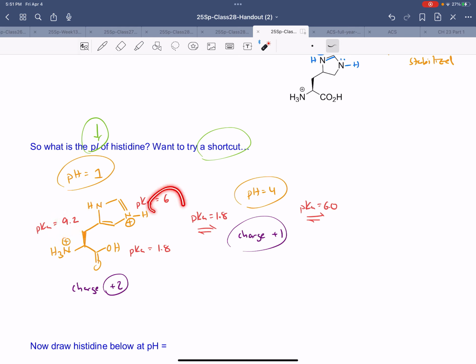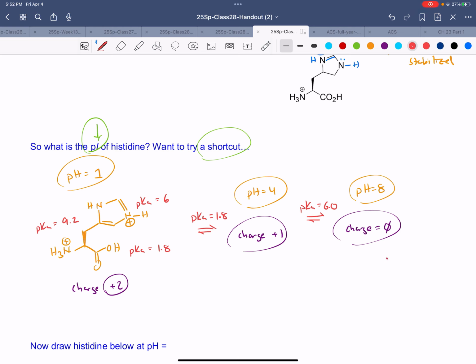I have to be above 6 though. pH of 8. Let's try that. Okay, what do you think happens to the charge? Without looking, charge is now 0. Now with looking, what happens here? This was already negative, and then when we cross over 6, this becomes neutral. So look at that, negative and positive, that's neutral.